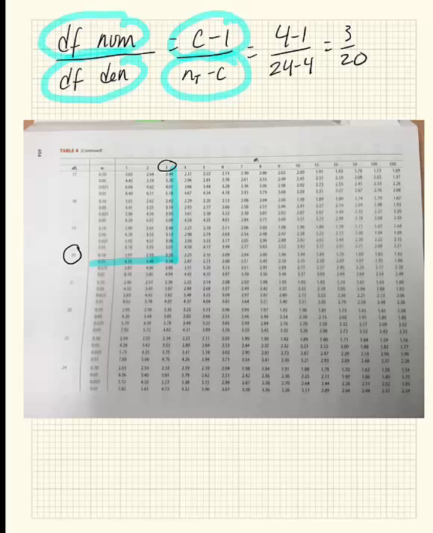So we end up looking at 3 right here in the numerator, and then 20 for the denominator. So our critical value then is 3.10. So 610, I believe was the number, is certainly greater than 3.10. Thus, we can reject the null.